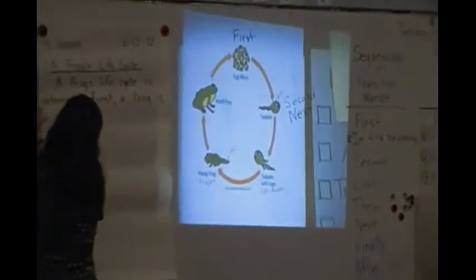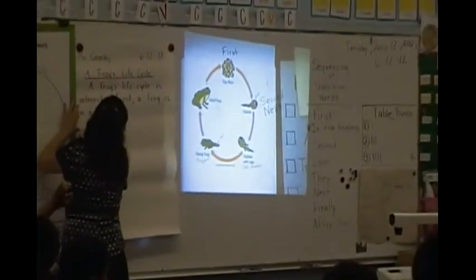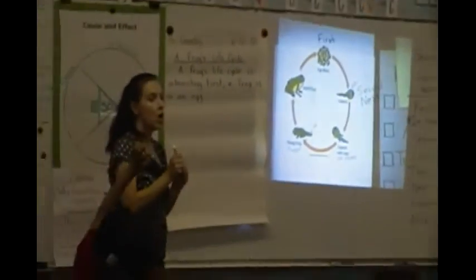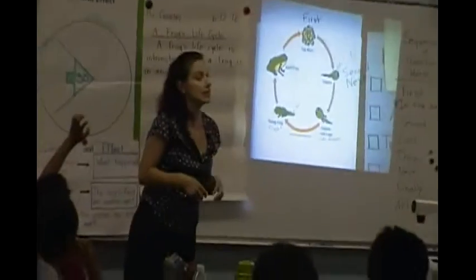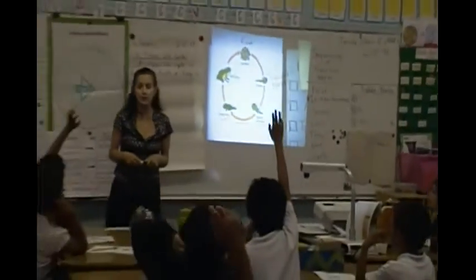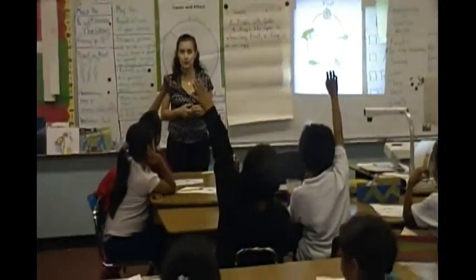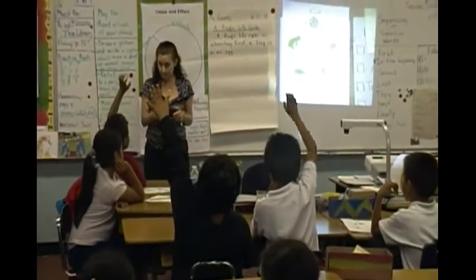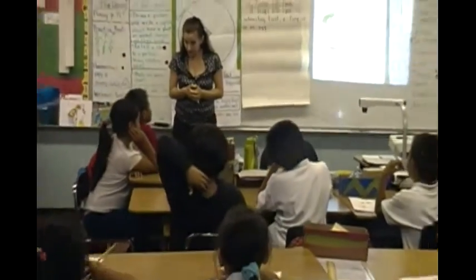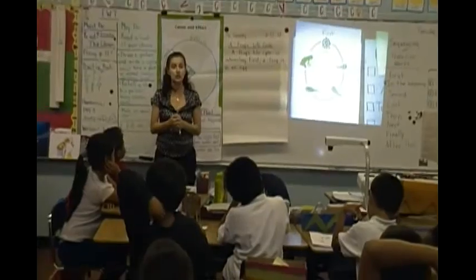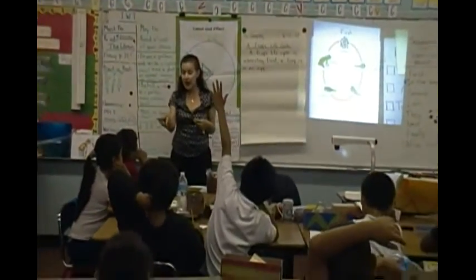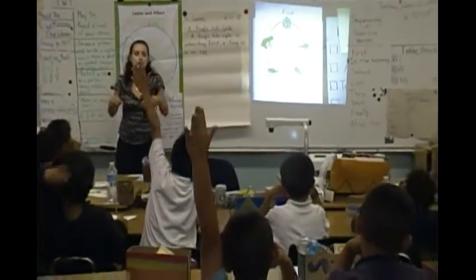And the second sentence then, how would we start, using a transition? Then it changes into a tadpole. I love that. Let's think of a different word, a synonym for changes.